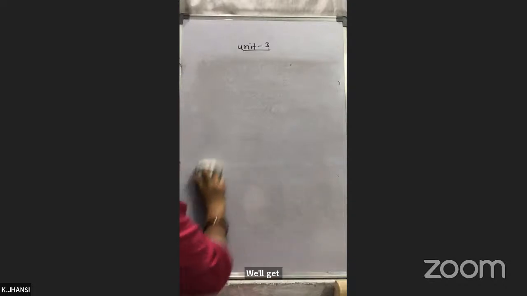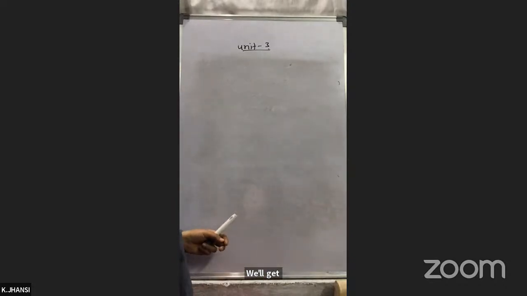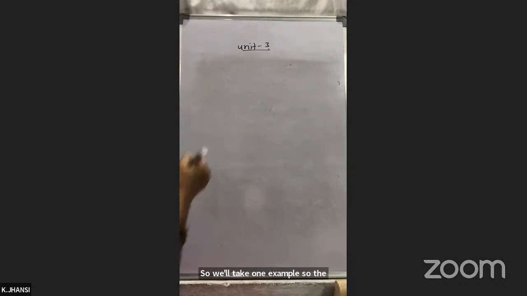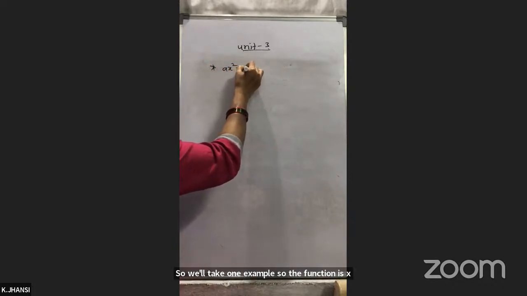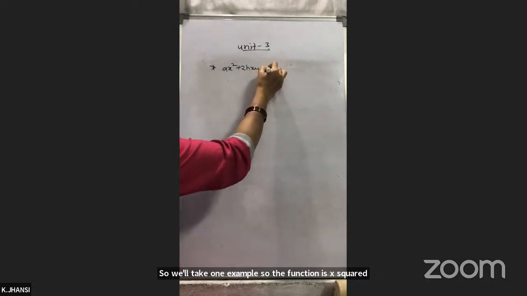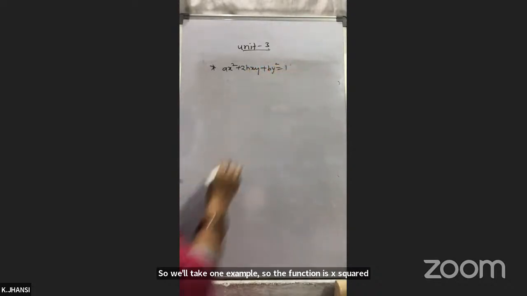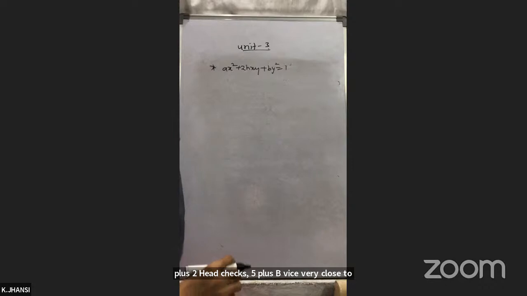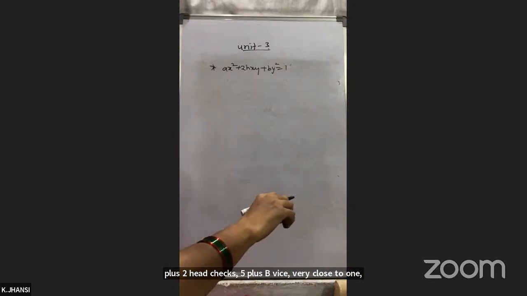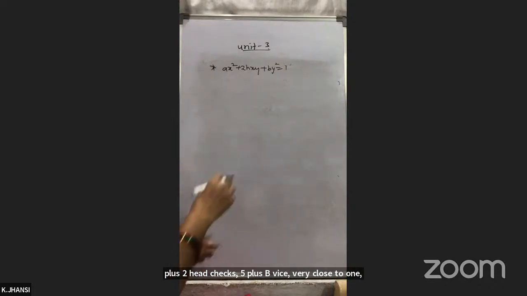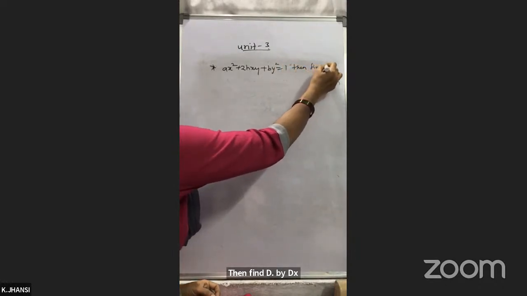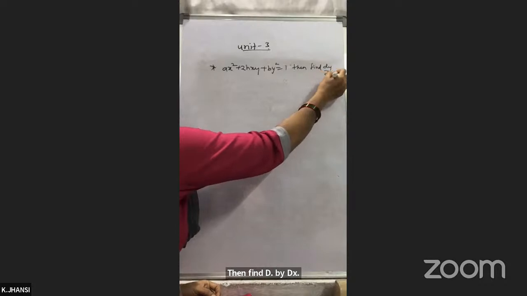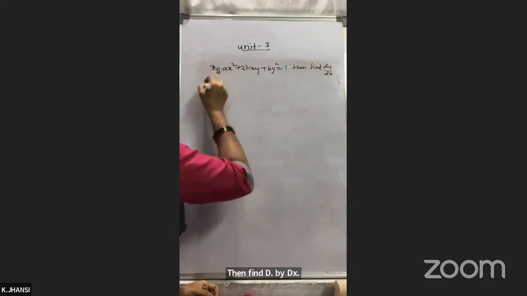So I will take one example. The function is ax square plus 2hxy plus by square equals 1. Then find dy by dx. Or find the derivative, anything can be there in the question.